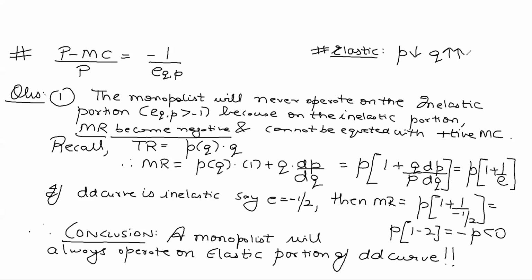If the demand is elastic or highly responsive, a fall in price will increase the demand by a larger amount, which will cause the total revenue of the monopolist to go up, because total revenue is nothing but price into quantity.